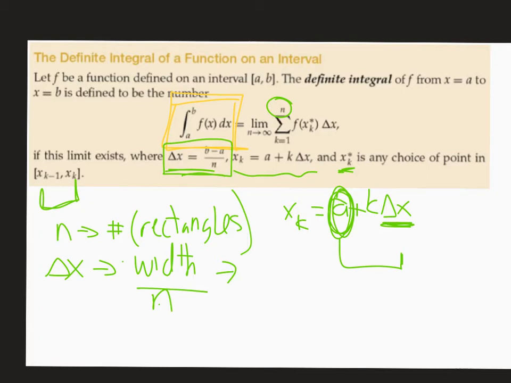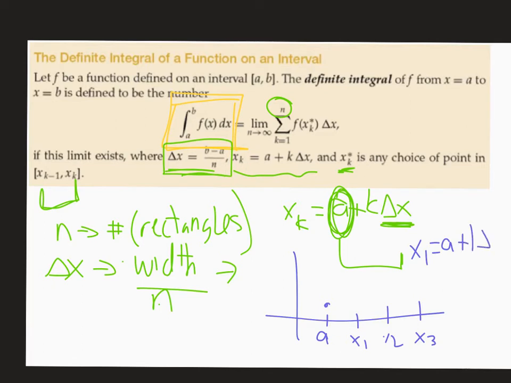And if I think about that graphically, maybe that'll make more sense. If I have my a value here, and then I have x1, x2, x3, my xk, so my x1 equals a plus 1 delta x, because right in here is a delta x. So it's a plus delta x. x2 is a plus 2 delta x's, so 2 delta x's gets us to x2.